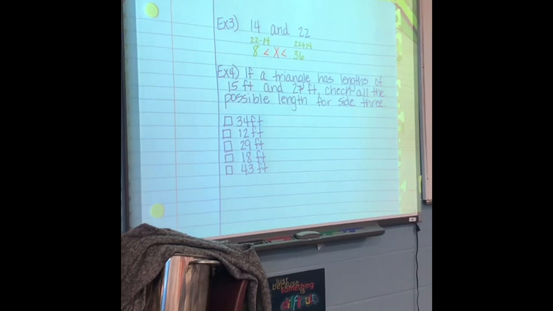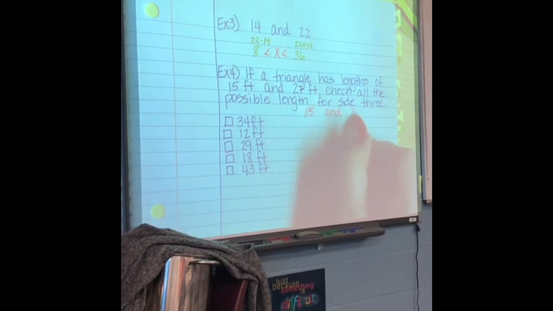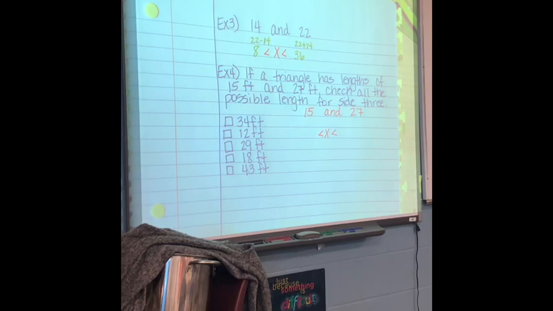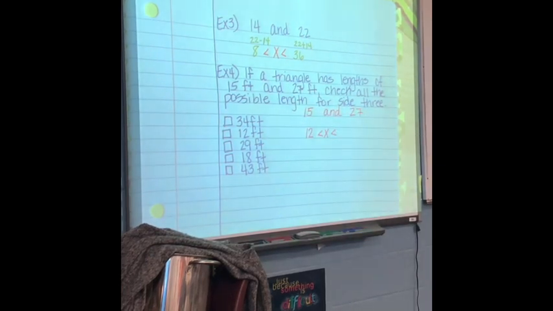Okay. All right, so my two side lengths here are 15 and 27. And I want to find the values for x between 27 and 15. So the first thing I need to do is find the difference. So 27 minus 15 would be 12.